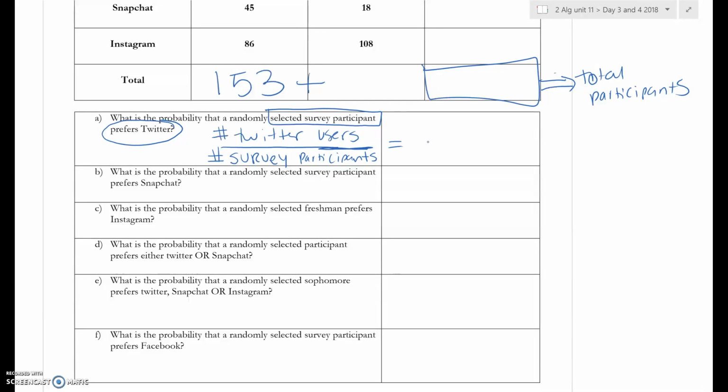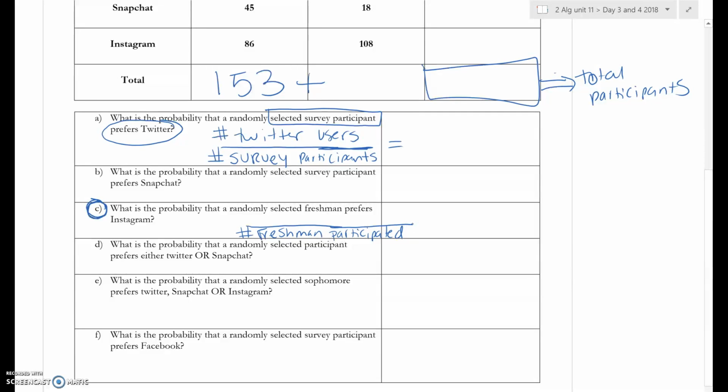And that is a different kind of context than what you'll see here in question C. Okay, in this case, we want to know what is the probability that a randomly selected freshman prefers Instagram. And be careful with the language here, because we're no longer talking about all the survey participants. We're just talking about the total number of freshmen that participated.